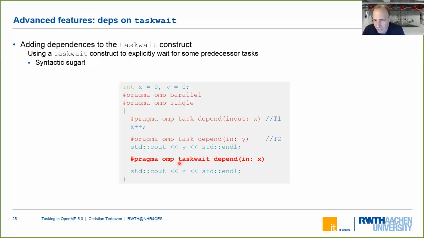Then it's actually a good functional use and more than syntactic sugar. But I guess I don't have to go into much more detail here. So again, we have the data flow dependency. T1 produces X, and the taskwait can only be passed after T1 has been completed, because it consumes X. I think I explained that.